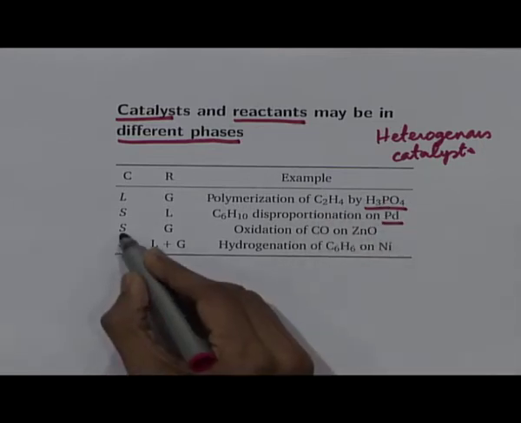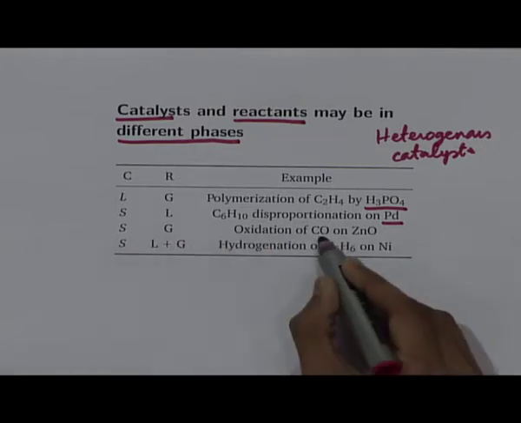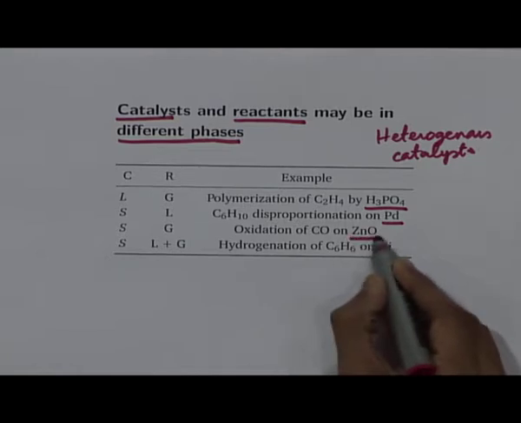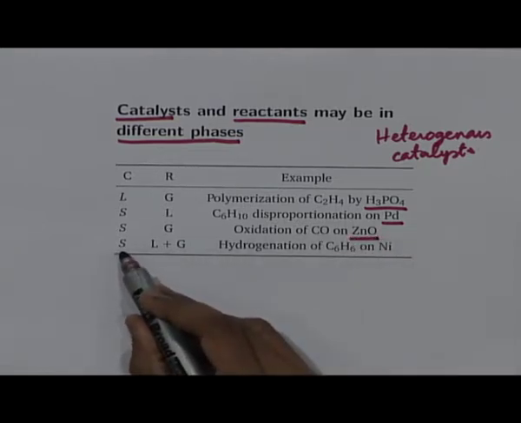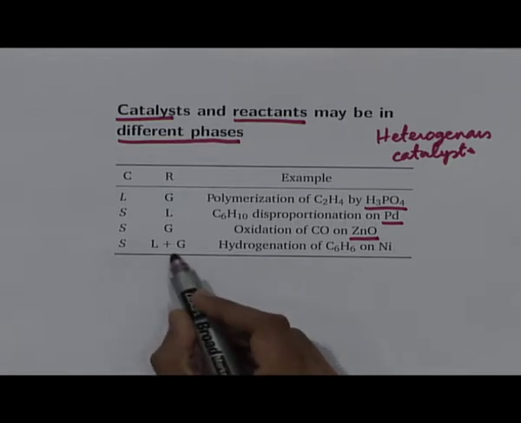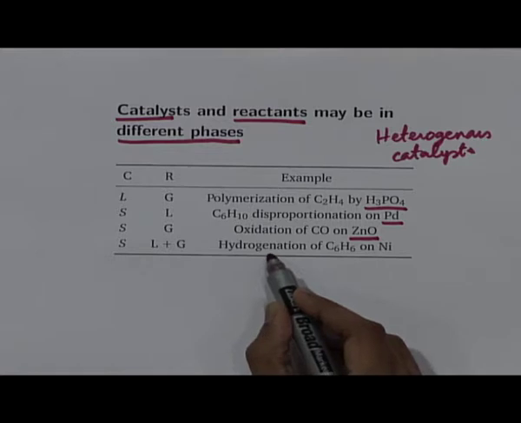A solid catalyst with a gas phase reaction. Carbon monoxide is the reactant, zinc oxide is the catalyst, and a solid catalyst with reactant in both liquid and gas phase. The hydrogenation, which is in the gas phase.